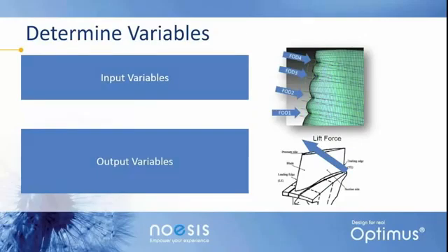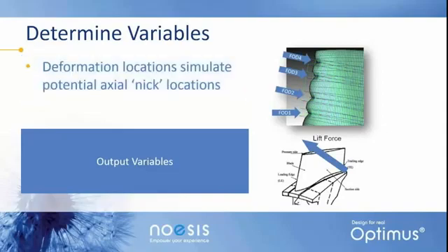So as I mentioned, the first step is to determine the variables. So we have input variables and output variables, obviously. And as you saw in Mark's presentation, he's used the arbitrary shape deformation ability of Sculptor to simulate nicks that occur on the leading edge of the blade. What we've done is create 4 separate nick locations along that leading edge, growing in an axial direction along the blade.